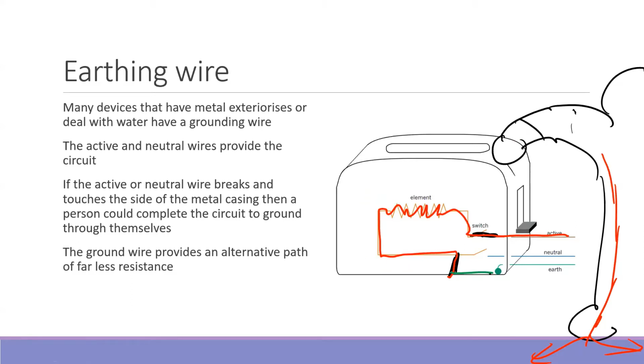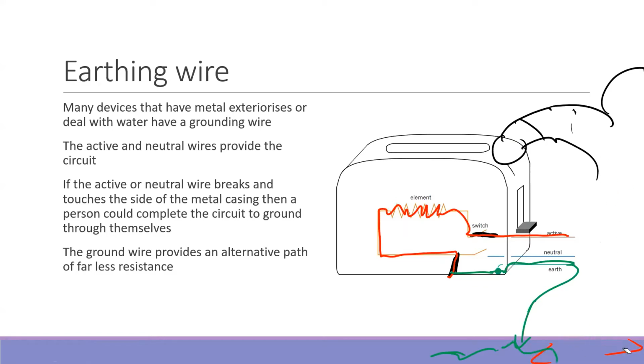There is a shortcut to ground. There is a short circuit to get to the ground. I'm going to go into the grounding earth wire, and that's going to take me to the ground much faster than if I was to go through a person. And now a person can touch the toaster without getting electrocuted.